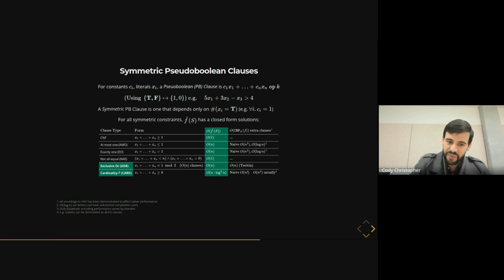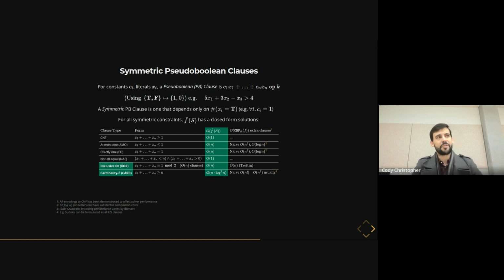So these 6 clause types are the ones we see the most often. So at most 1, exactly 1, these names are self-descriptive, not all equal, so at least one of the variables must be different from the rest. They can't all be true or all be false. Exclusive OR is the operation we're classically familiar with.